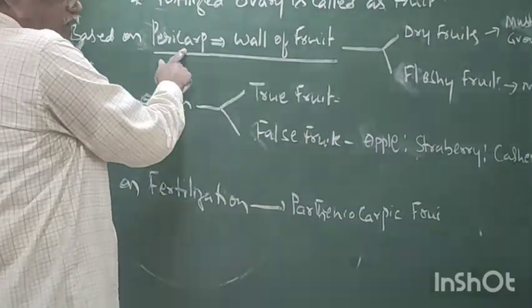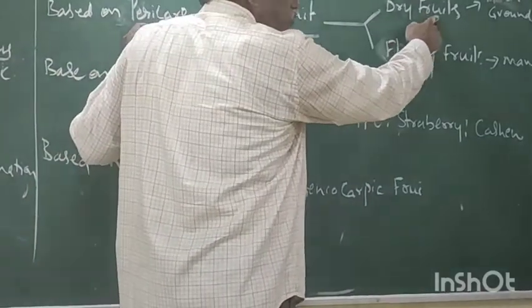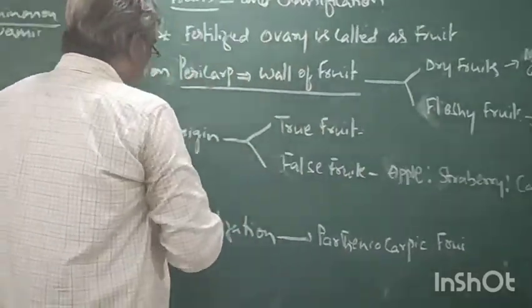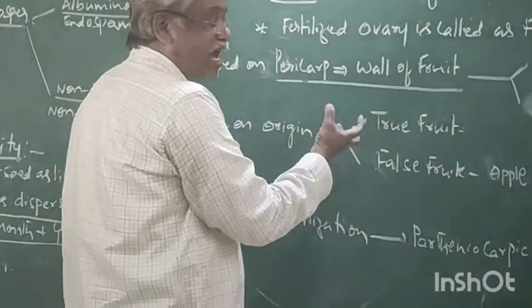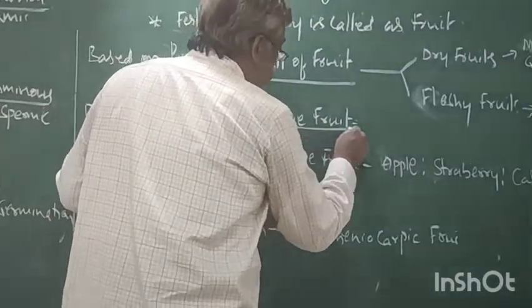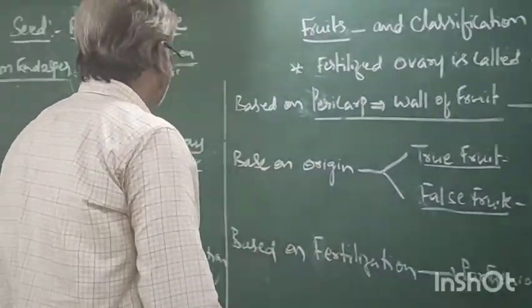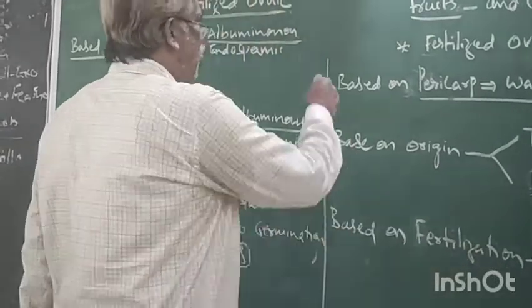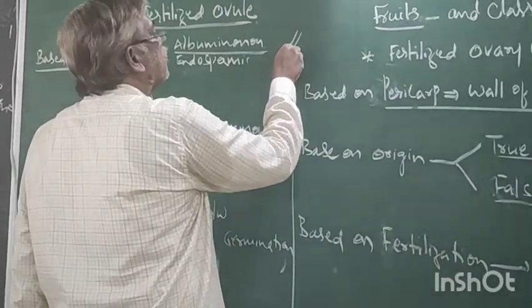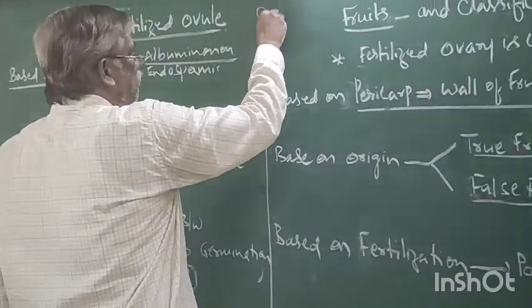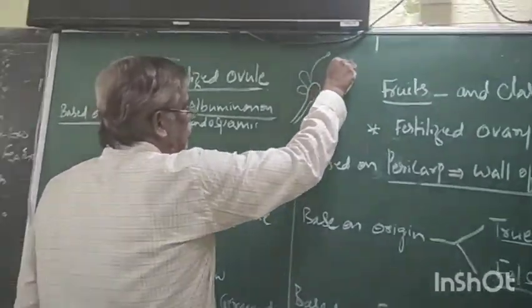Based on pericarp, some fruits are dry fruits, some fruits are fleshy fruits. Now, based on origin, true fruits and false fruits. In general, there are pedicel, thalamus, sepals, petals.